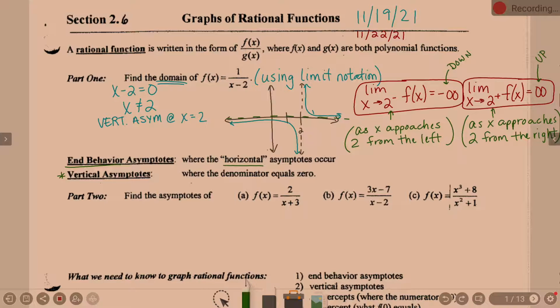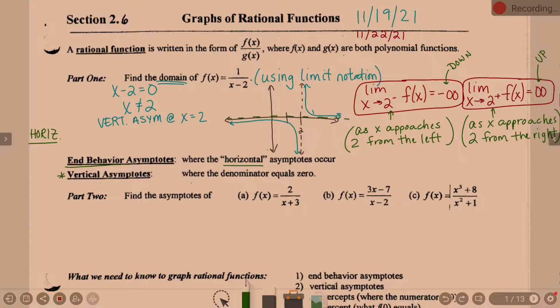And so when you are asked to do limits with a horizontal asymptote, as we go infinitely left and infinitely right, what y value is my graph approaching? So if I were to extend this graph farther, what y value am I approaching?